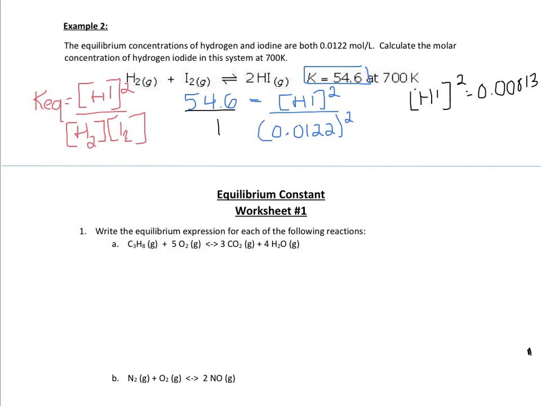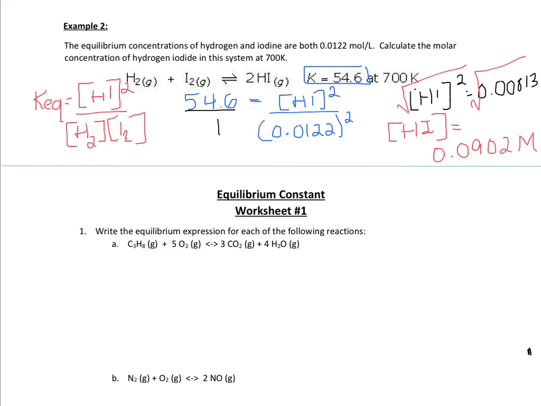0.00813. Then to get HI by itself, since right now it's being squared, we take the square root of both sides so that HI by itself will equal a concentration of 0.0902 moles per liter or molar.